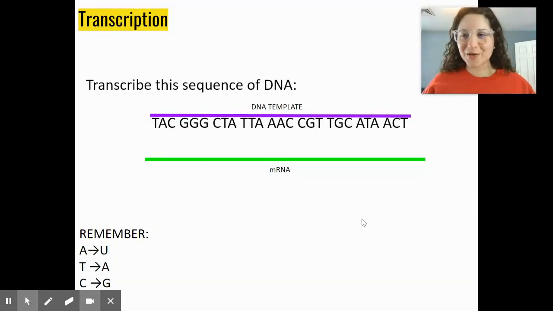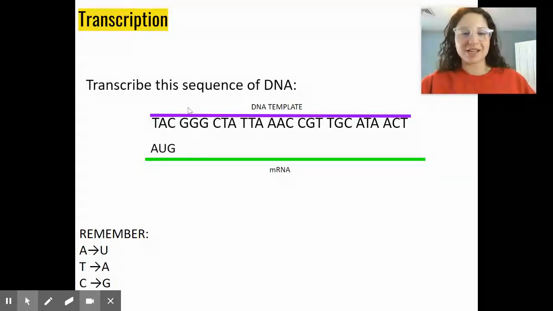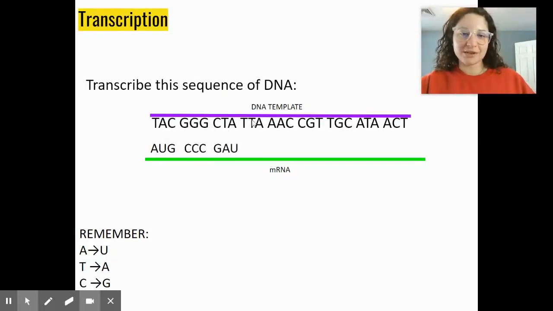All right. So hopefully you paused the video. Let's go over answers. Please compare what you have on your paper to what you see in front of you right here. So TAC pairs with AUG, GGG pairs with CCC, CTA pairs with GAU, TTA pairs with AAU, AAC pairs with UUG, CGT pairs with GCA, TGC pairs with ACG, ATA pairs with UAU, ACT pairs with UGA.